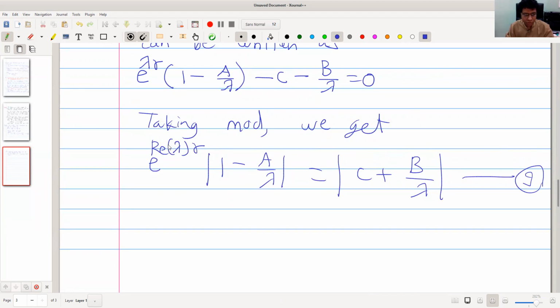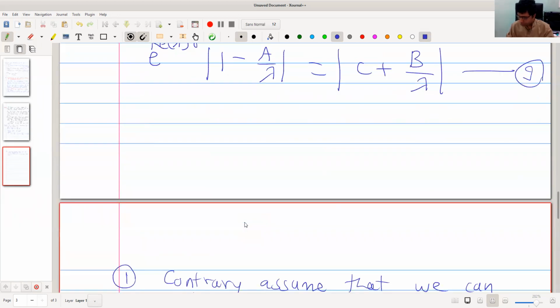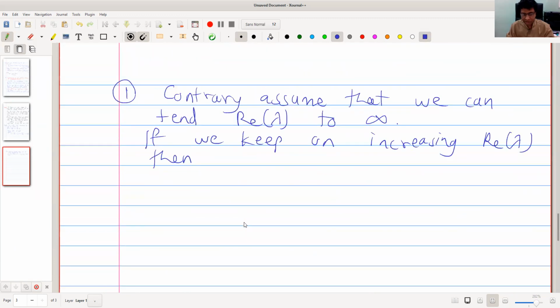This e raised to real part of lambda into r will tend to infinity, and here a upon lambda goes to 0, so the left hand side tends to infinity. That means the left hand side of 9 will be unbounded.